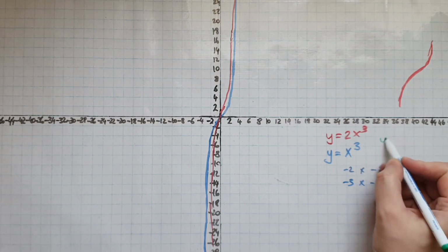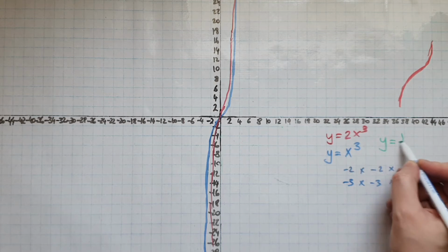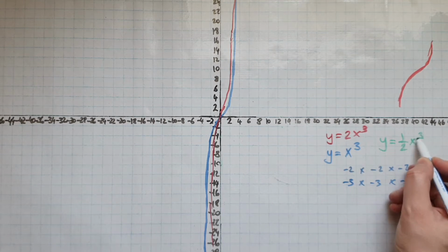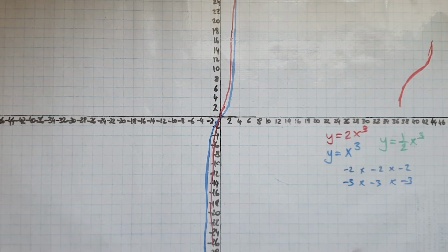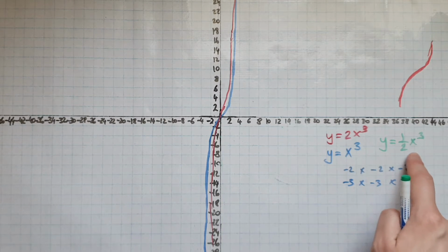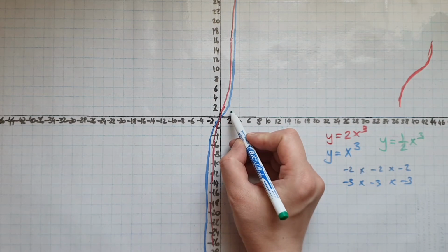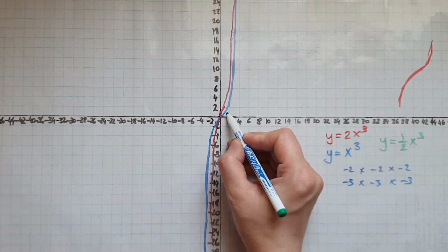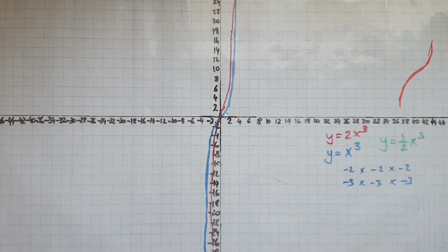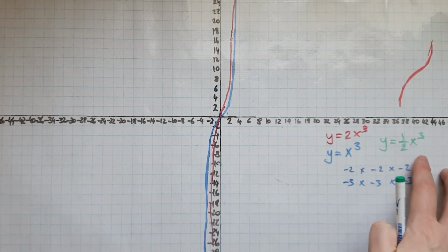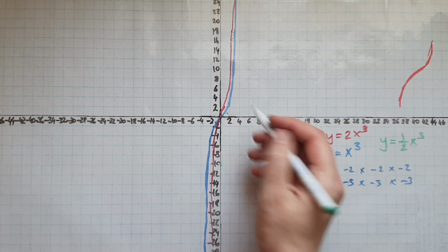But if we had, for example, half x cubed, then we'd have to halve the answer. So when x is equal to 1, then y would be equal to half. When x is equal to 2, then we'd have 4.